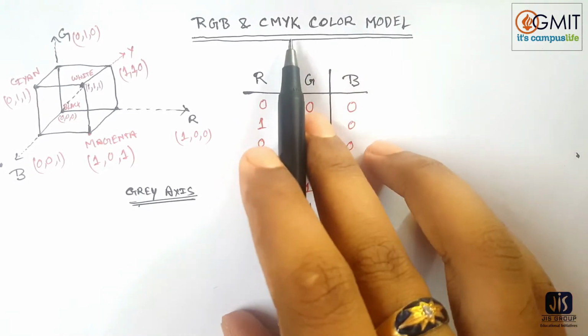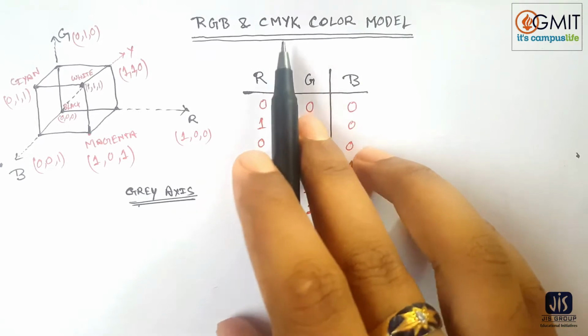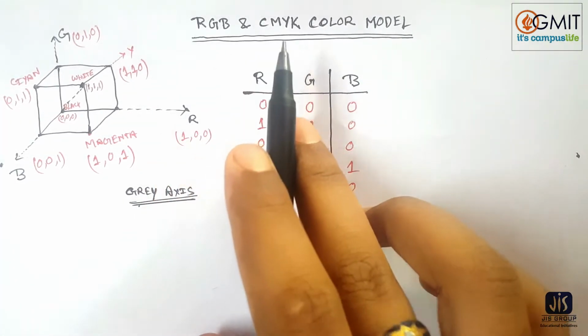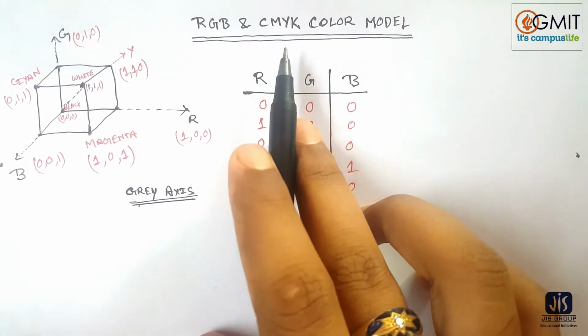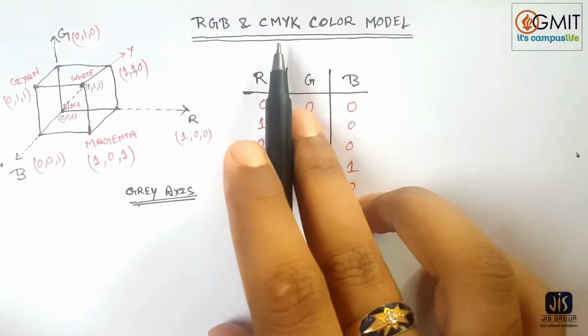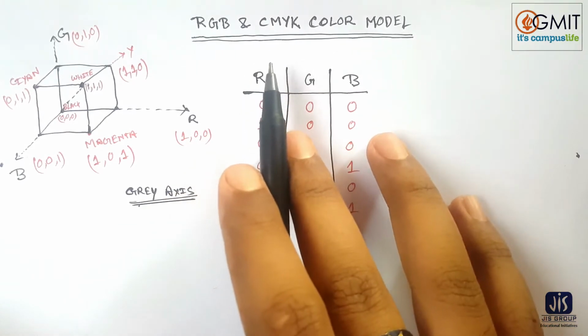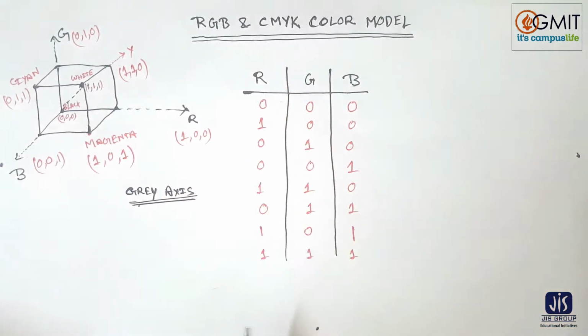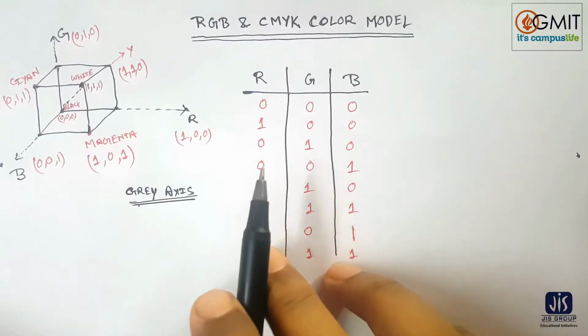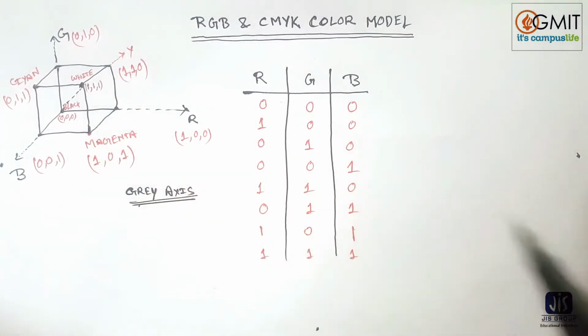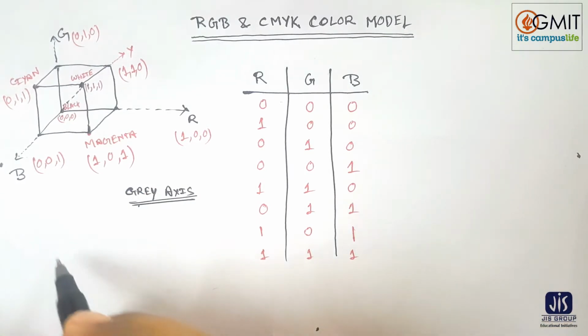And CMYK is a subtractive color model. RGB is an additive color model. This is a subtractive color model. Why subtractive? Because we are getting the colors from CMYK by subtracting the value from white. From white we are subtracting. Okay, you can draw a similar picture for CMYK also, like this.